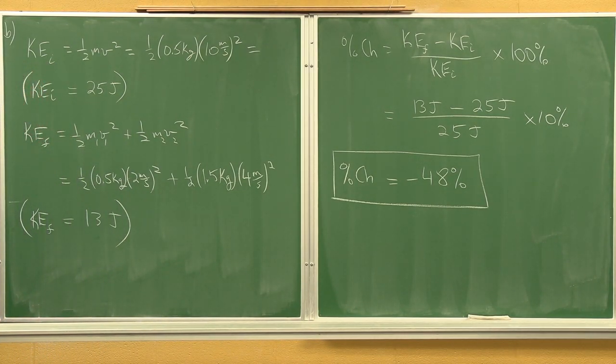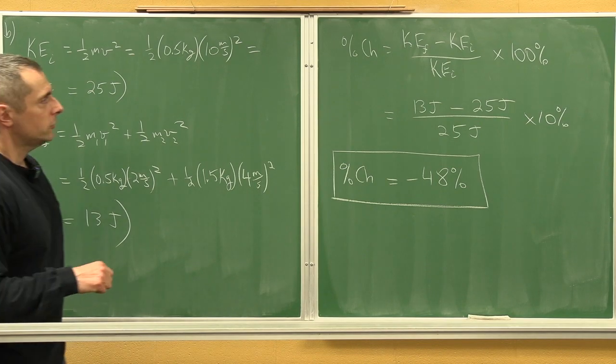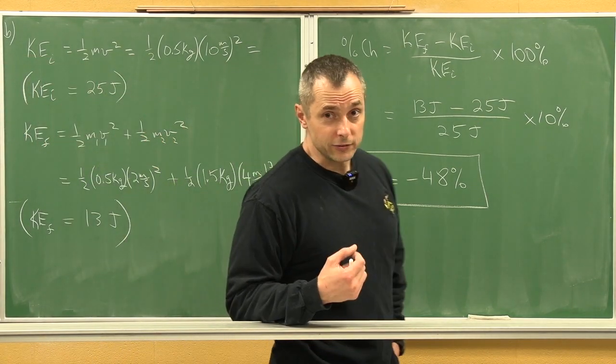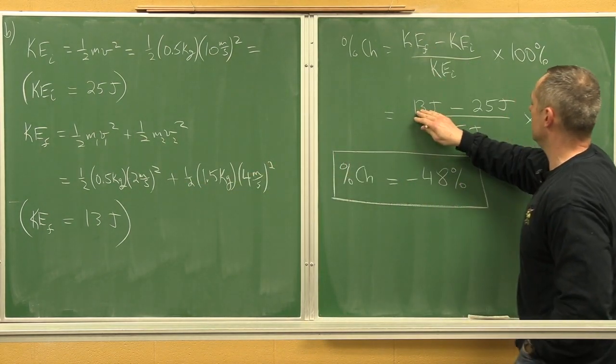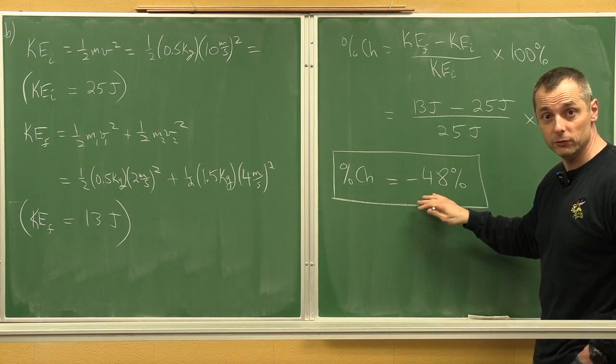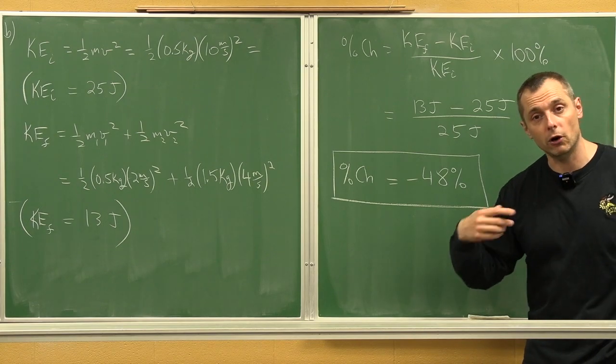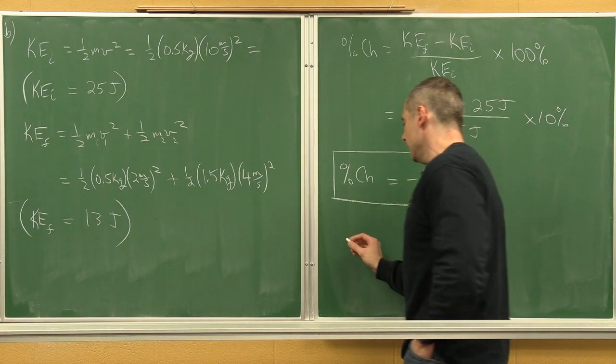So if you need a moment, I'll create a pause and allow you to catch up with the notes. If this was an elastic collision, we would have gotten, as I said, 25 minus 25 over 25, 0. We would have gotten 0% change because all of the energy stayed kinetic.